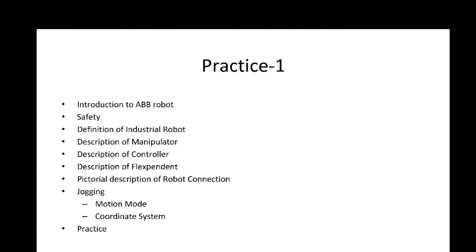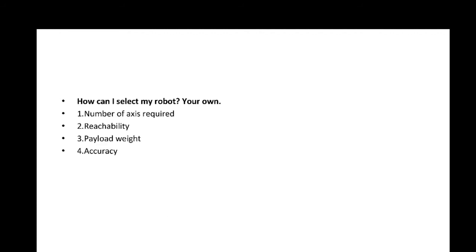Basically, in industry, many people have a doubt about how we can select the robot. They have several applications in the industrial sector, which means welding and pick and place applications and various kinds of automotive industries, having this confusion about how to select the robot. First, they have to understand what their application is.